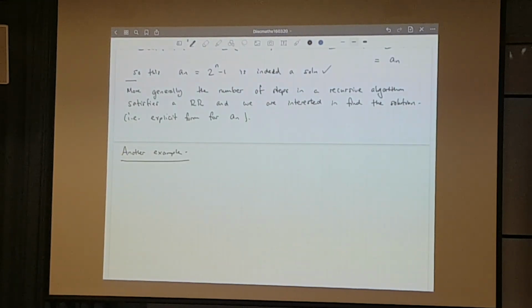So recurrence relations, RRs, often arise in counting problems. And counting problems are called, in mathematics, combinatorics. So combinatorics is counting problems, and it's a big branch of mathematics.